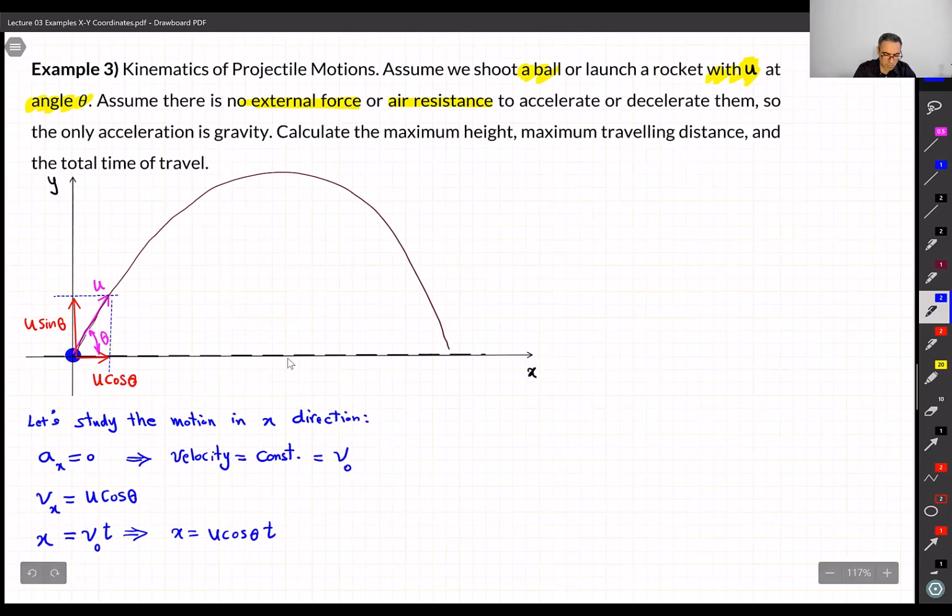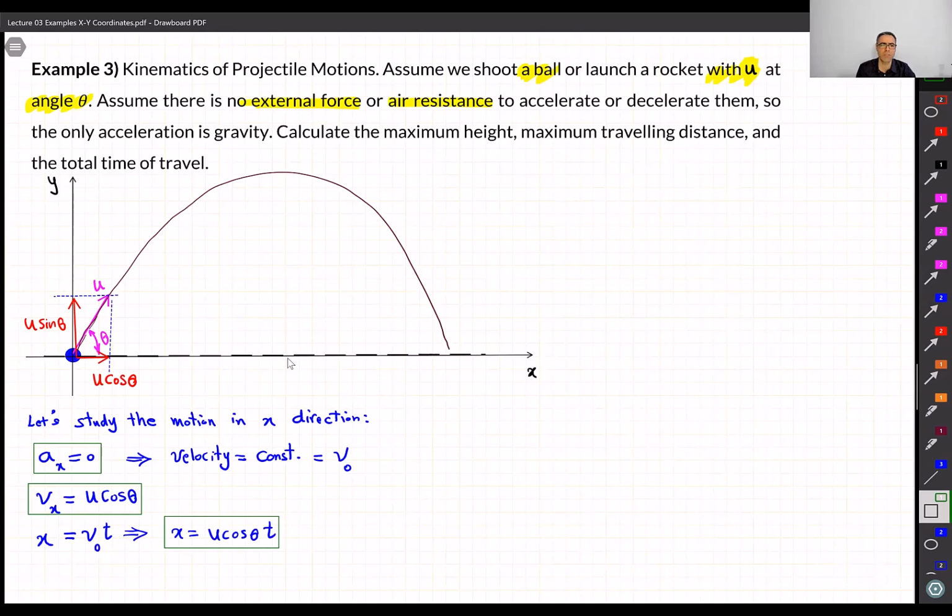So this is all we need to know about X direction. No acceleration. Velocity in X is U cosine theta and it's constant. There is no time in it. No matter how long it takes, velocity is going to stay the same. And the position is a function of time, U cosine theta and t. All right. So this is all we know about x.